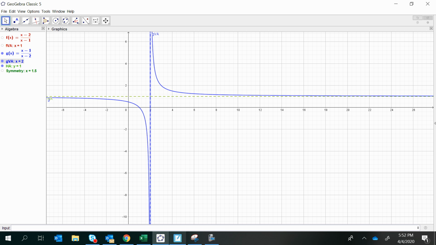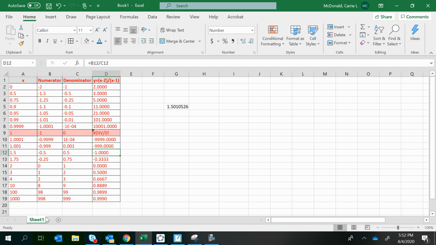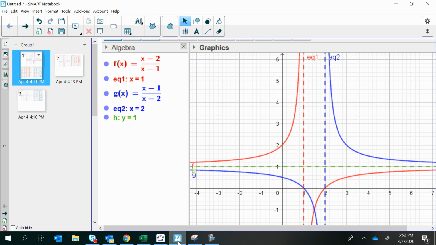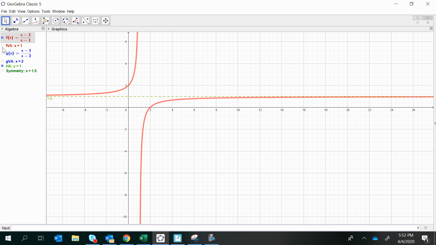Okay, now maybe we can get a little deeper by looking at some ordered pairs. So for the red, remember the red on the left-hand side of its asymptote, let me get that picture back. To the left of its asymptote, remember all the y values were staying above 1. And as I got closer to my vertical asymptote of 1, they were approaching positive infinity.